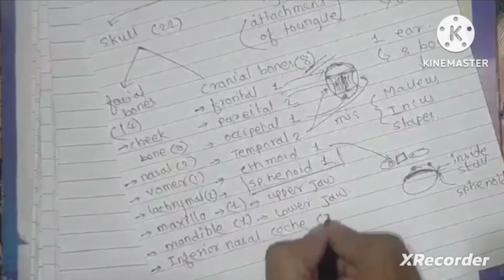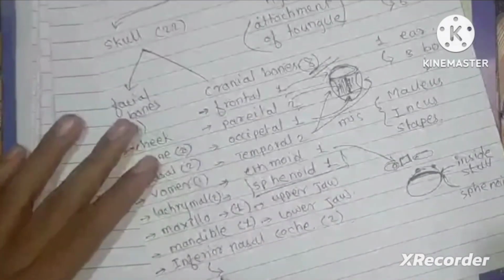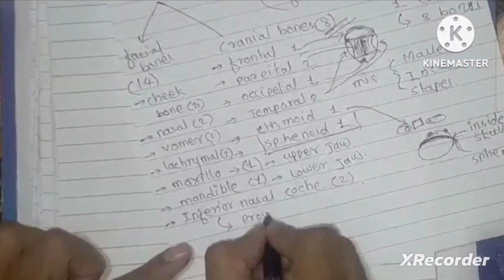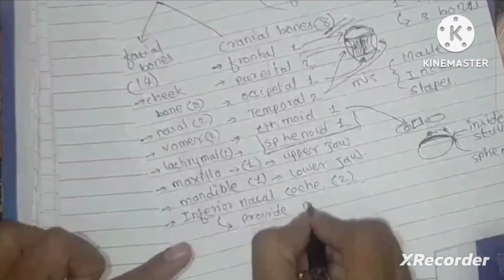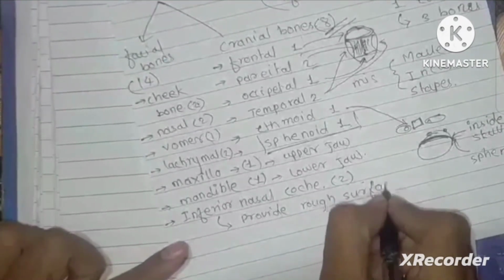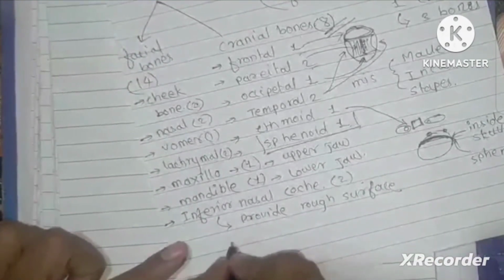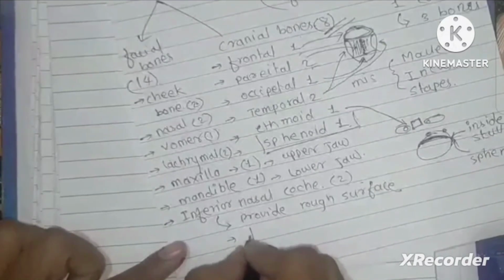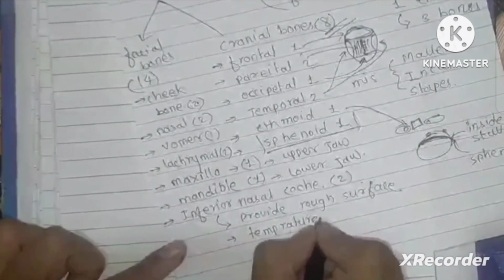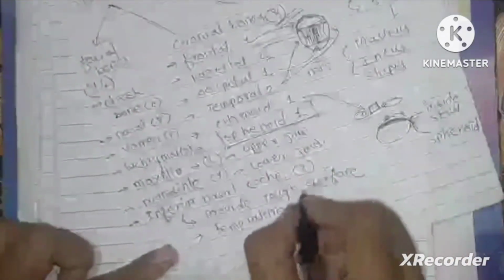Inferior nasal conchae, these are 2 in number, and palatine bones. First of all, inferior nasal conchae provide a rough surface which filters the inhaled air and maintains the temperature of inhaled air.